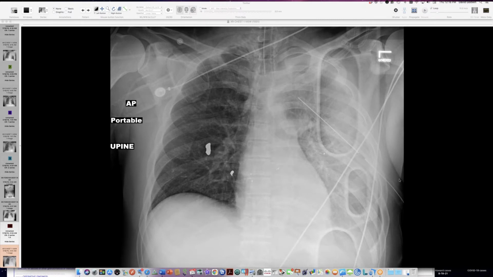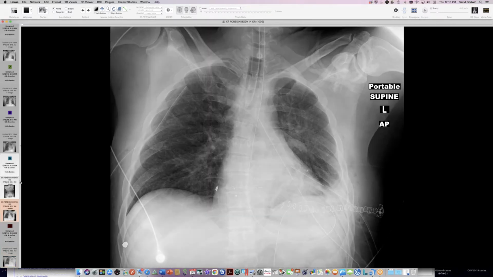So this fellow came to Harborview, our trauma hospital, after a gunshot wound. You can see the bullet track, and he's got a lot of blood in his left pleural space. He did go to thoracotomy. I'm not sure exactly what they did, how much resection he had and how much he didn't have.